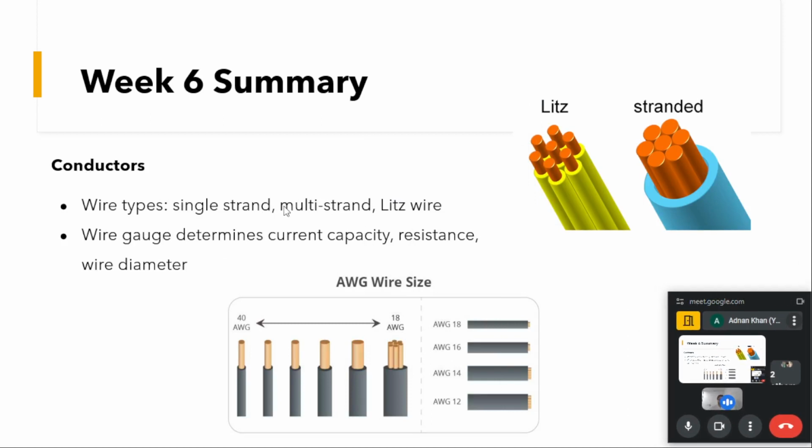Different types of winding may be used. We can have a single strand wire, as you can see near the arrow that I am pointing, and we can have multi-strand wires.